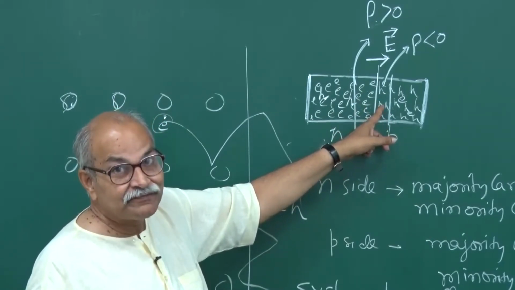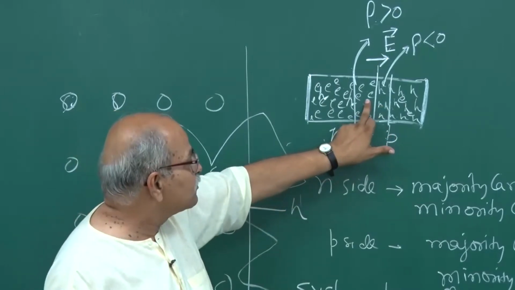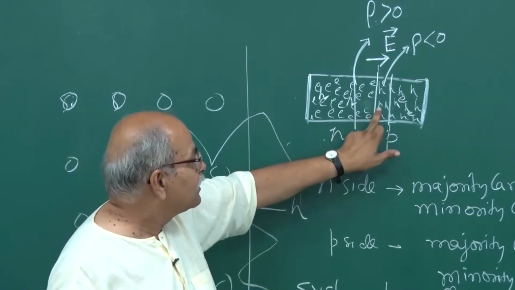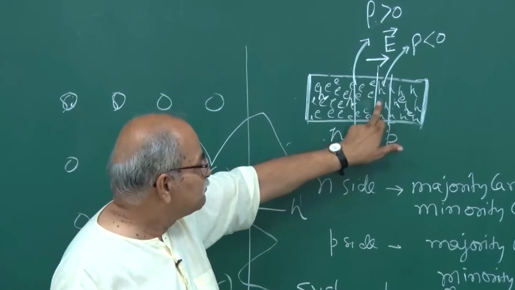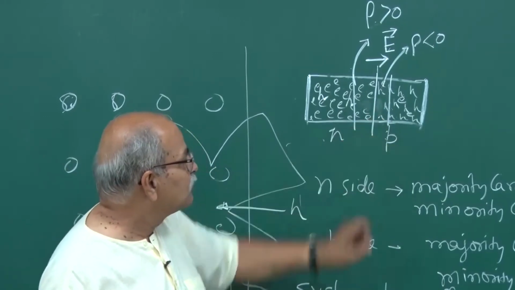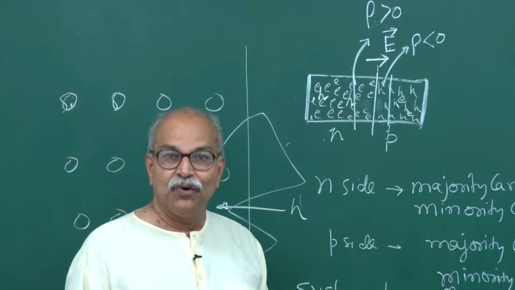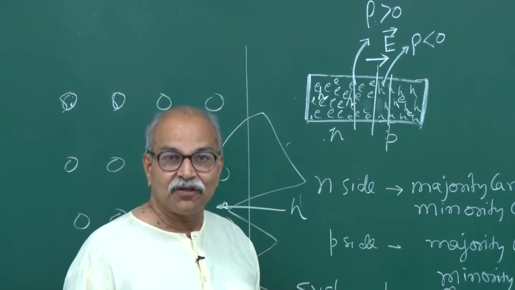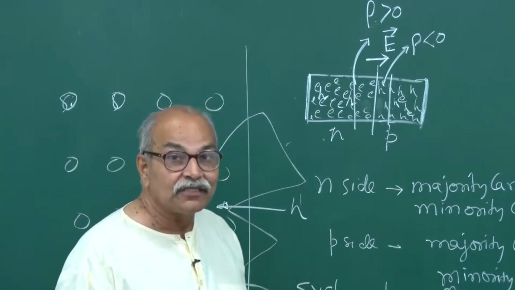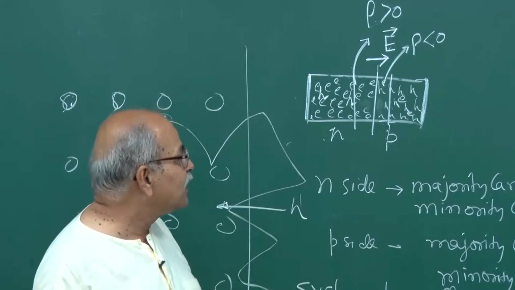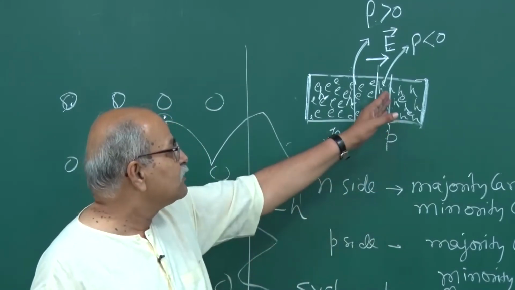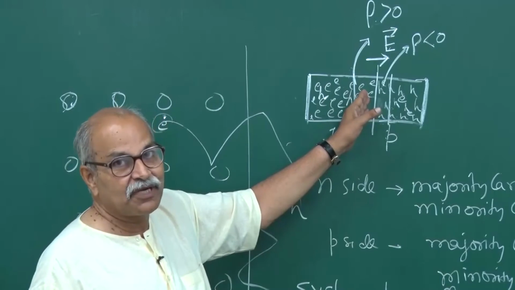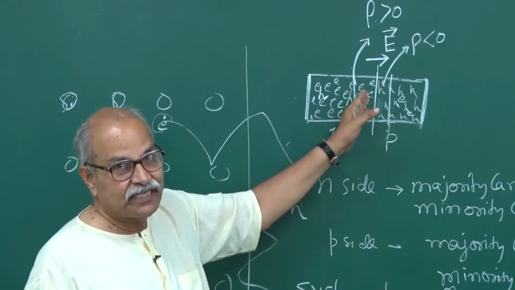What will happen? Suppose this electron has gone from here and it meets this hole, it fills this hole. So, now there is no hole and there is no conduction electron, that pair is gone. Similar thing will happen everywhere. Holes which are coming to this side will also combine with the electrons. What does that mean?